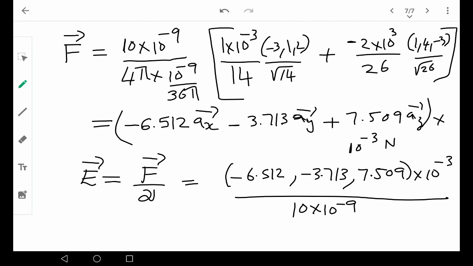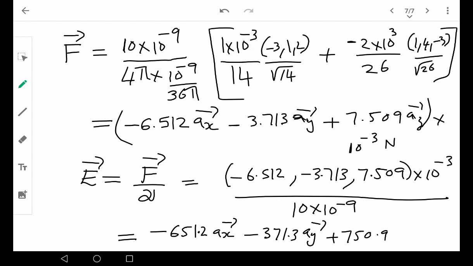So you will get something around minus 651.2 aX minus 371.3 aY plus 750.9 aZ kilovolts per meter.